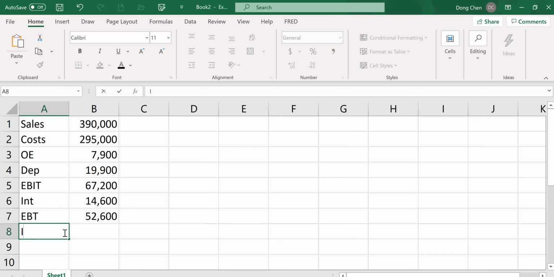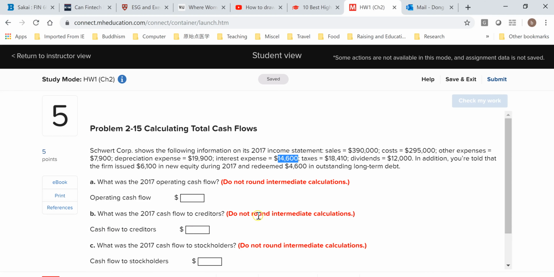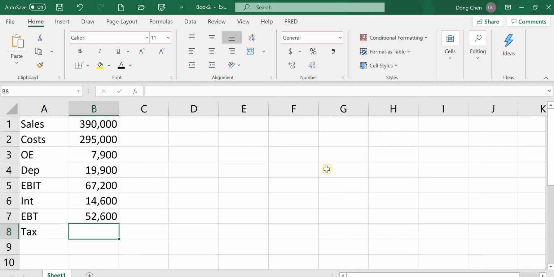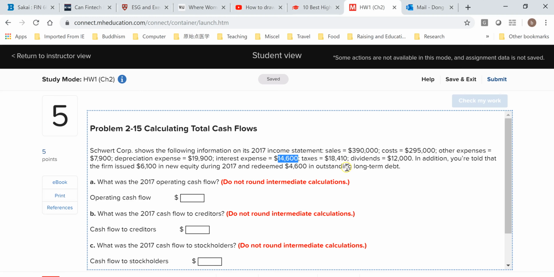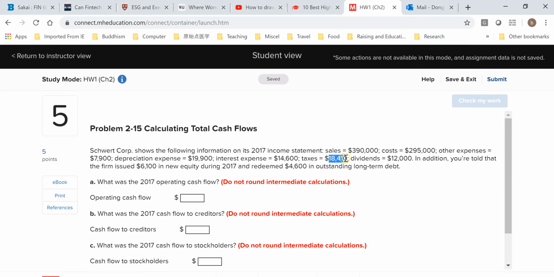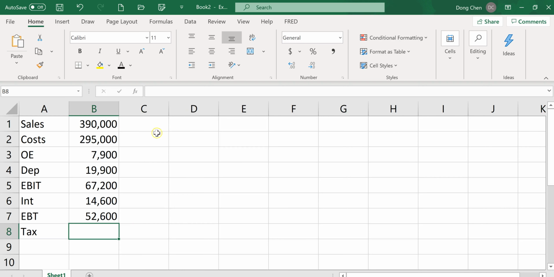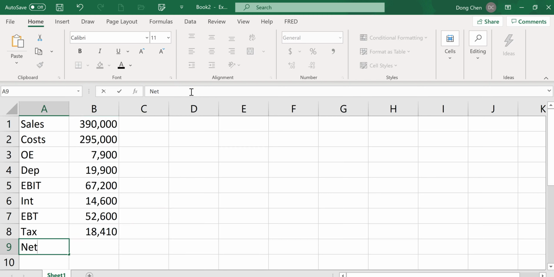Now taxes will be based on this EBT given the tax rate. So now tax is actually provided. So we just copy this number back, and then that gives us the net income, our bottom line on the income statement. So this equals EBT minus tax.